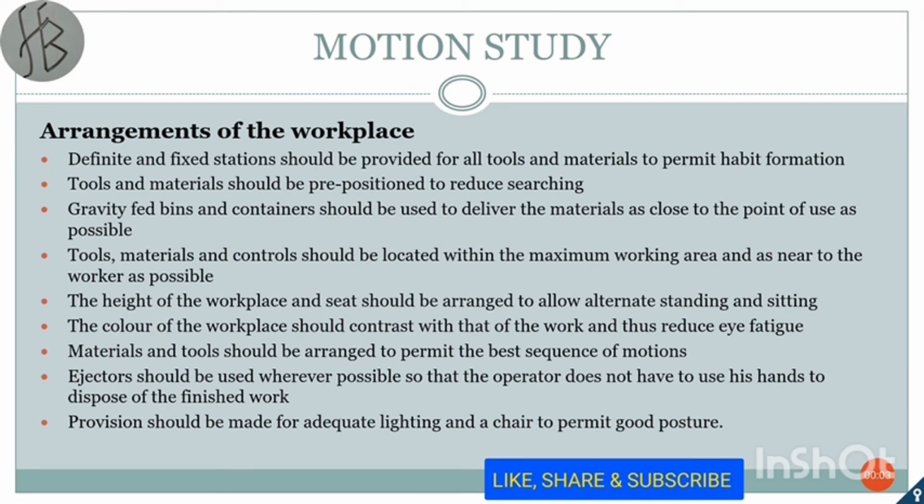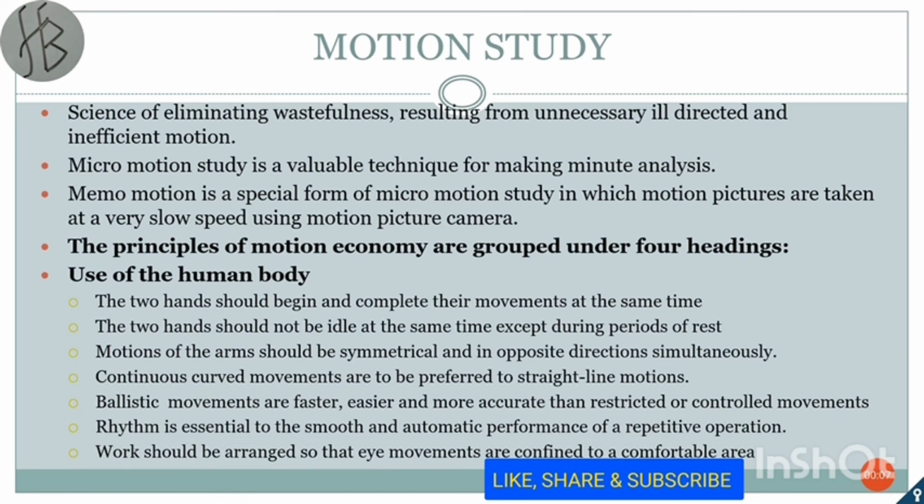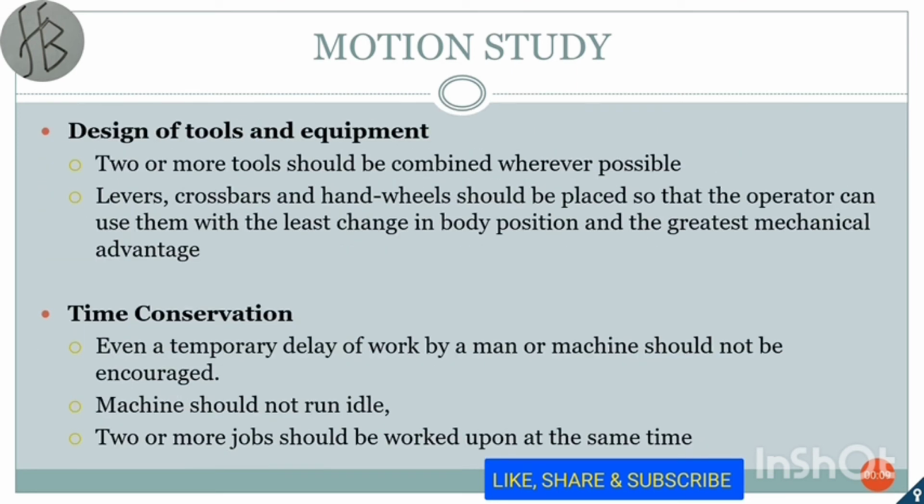The next principle is related to the design of tools and equipment. Two or more tools should be combined wherever possible. Levers, crossbars and hand wheels should be used so that the operator can use them with the least change in body position and the greatest mechanical advantage.